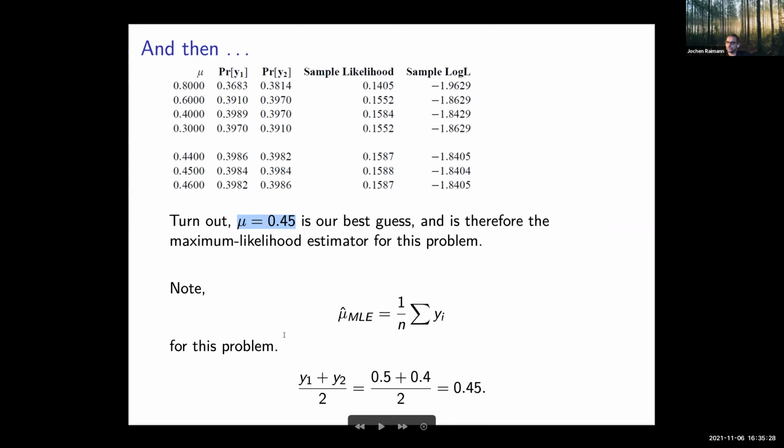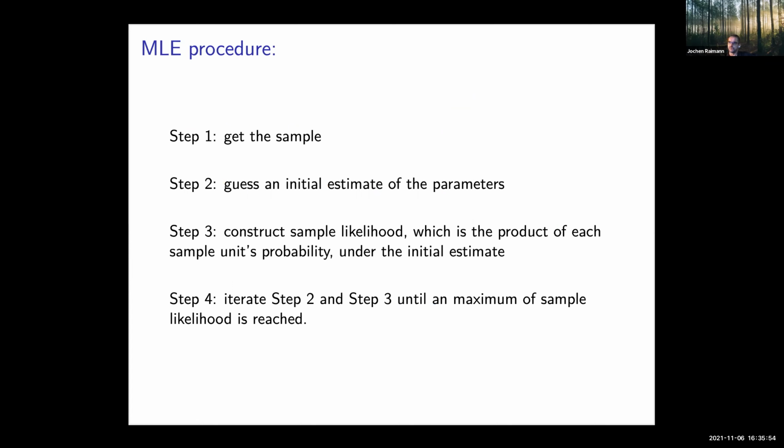So if you are building now your mu hat MLE, it is the sum of these probabilities divided by the n. So essentially it is to some extent an average probability between the available data.